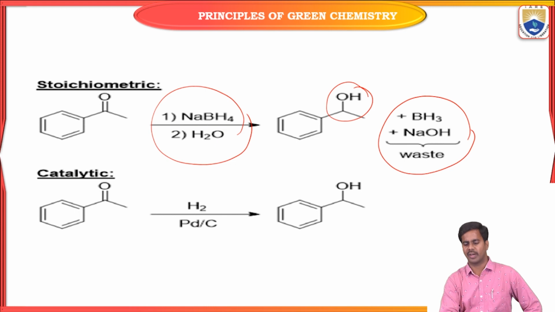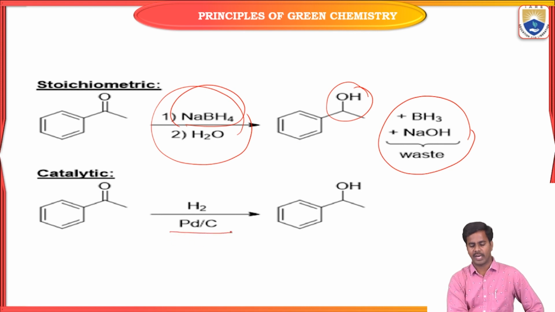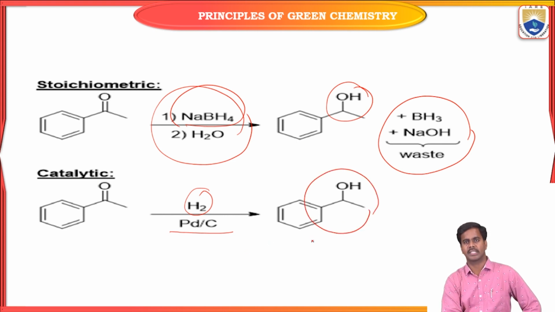How can we prevent it? By changing the catalyst. In place of NaBH4, we should take palladium on carbon in the presence of hydrogen. Then we get the same hydroxy compound, the same desired product, but here there are no waste products. So by using palladium carbon as a catalyst, we can prevent the formation of unwanted products. That is known as catalysis.